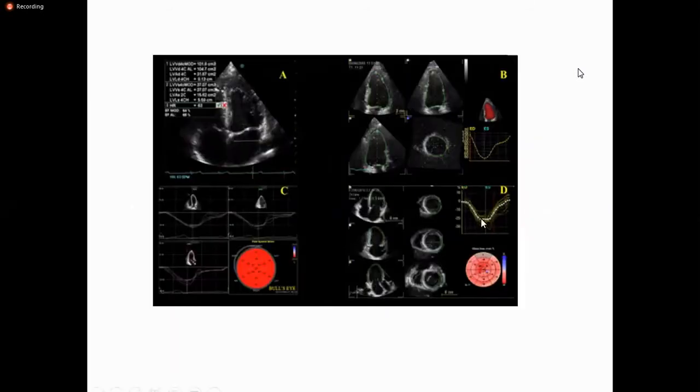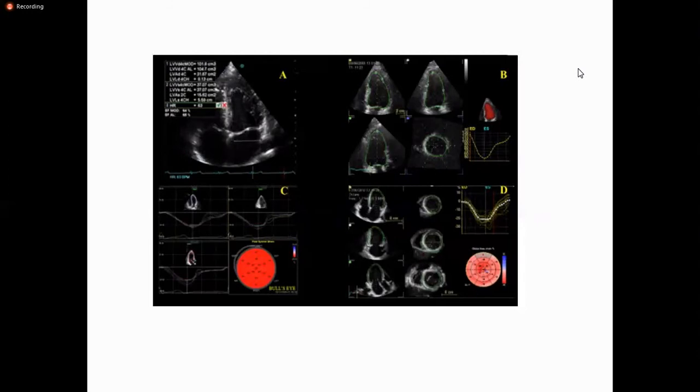Now, this is another modality used in echocardiography, also known as strain imaging. We visualize the heart on echo and get the real-time image. The heart is continuously contracting and relaxing.